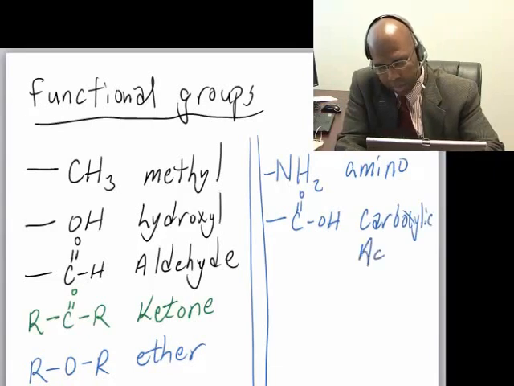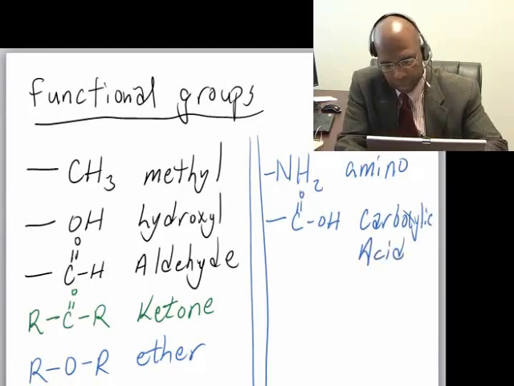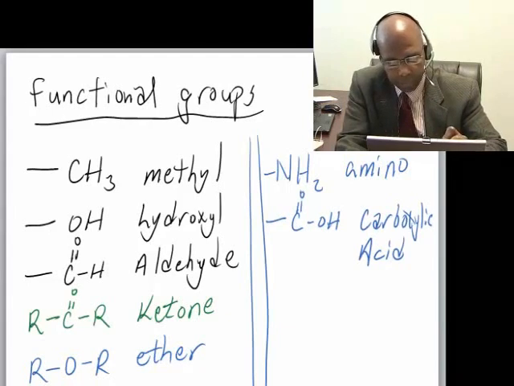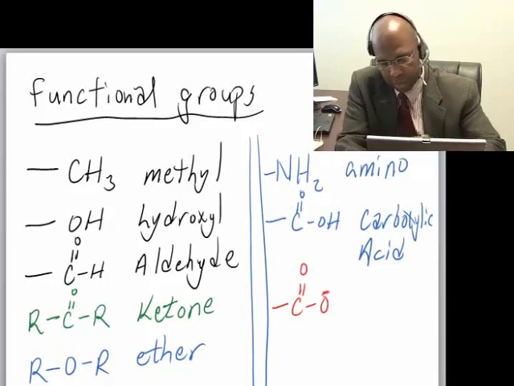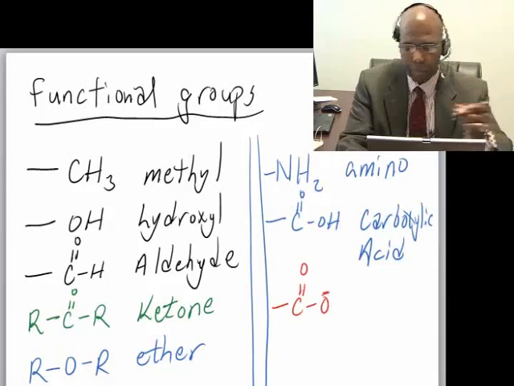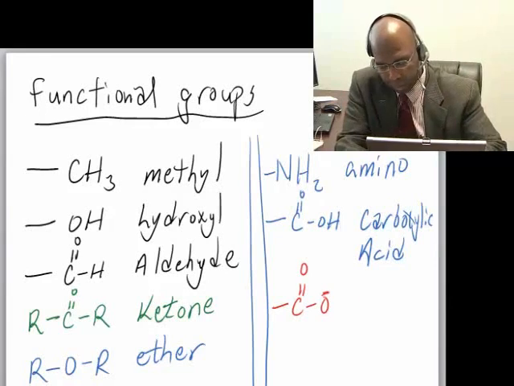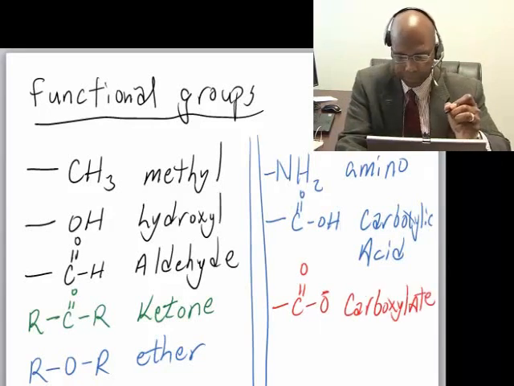And if we have C double bond O, O minus, and we lose the acid, we get the conjugate base of the carboxylic acid. And so this is a carboxylate.